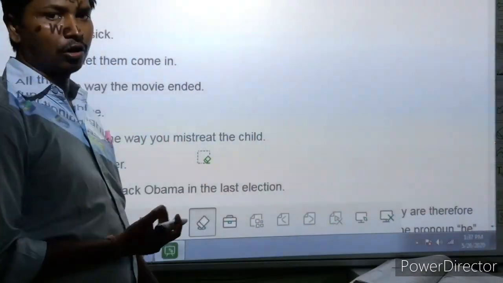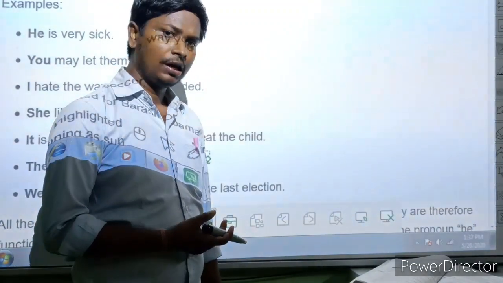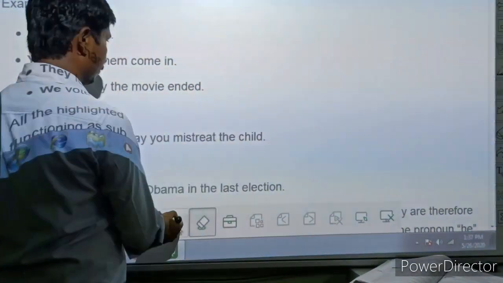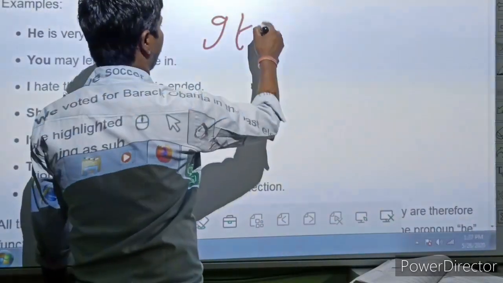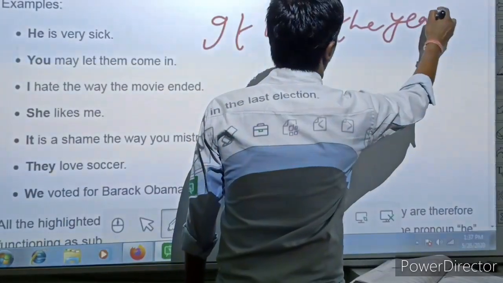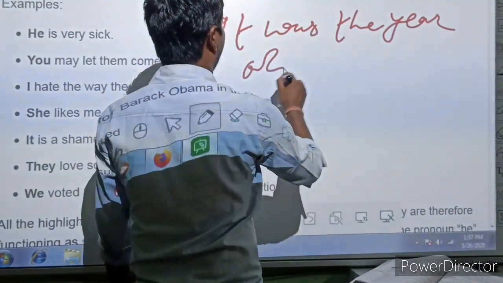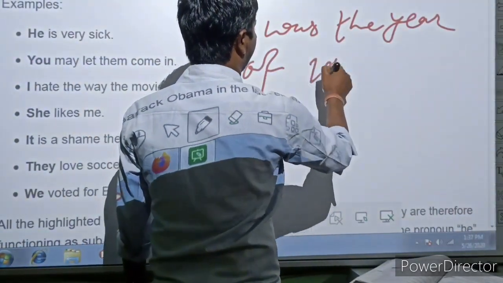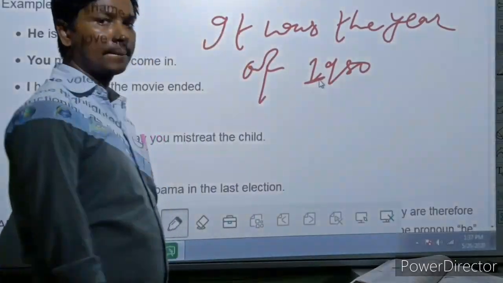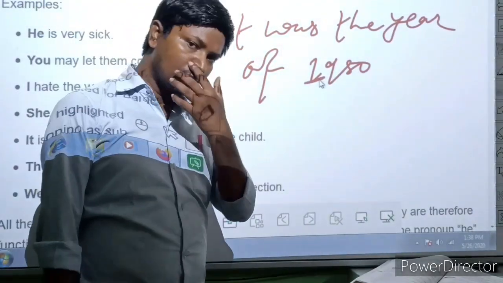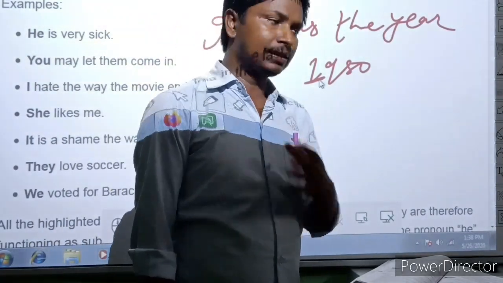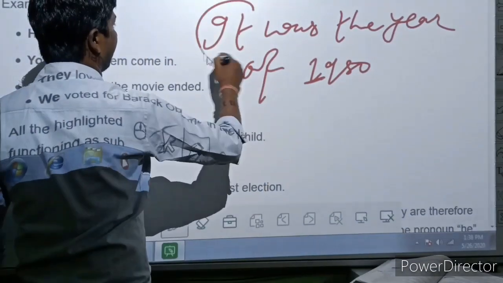Like it was 9 o'clock, it was a Sunday, it was 1980. It was the year of 1980. To show a period of time, a particular time, or a particular date, it can be used as a subject.